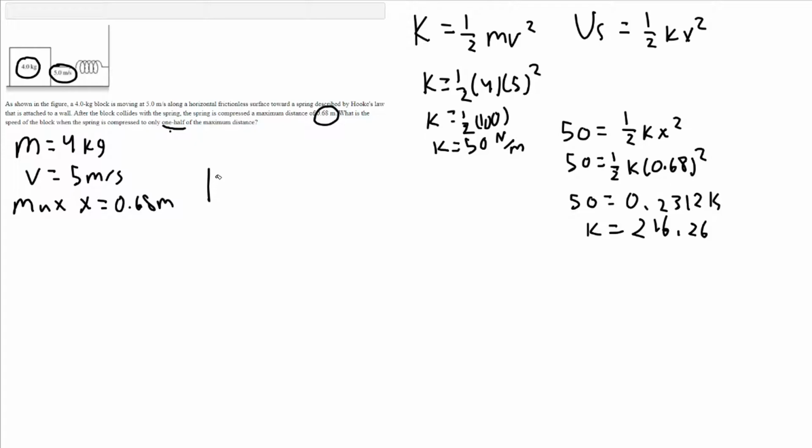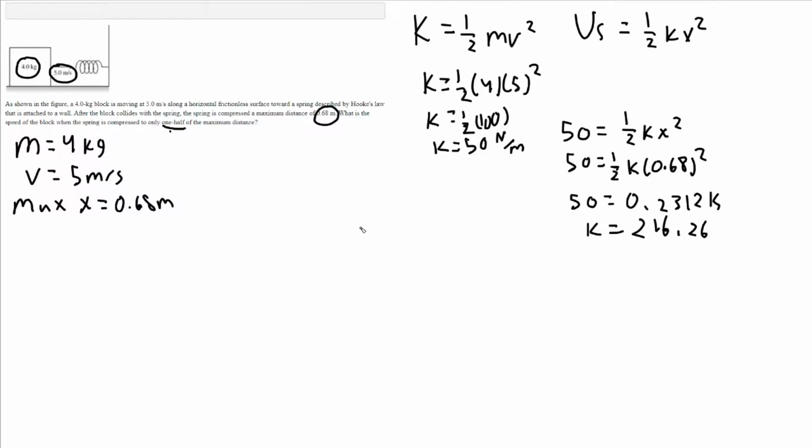K1 plus US1 is going to equal K2 plus US2, because the energy's never leaving, it's always going to be there. So it may become bigger, but it's still using the same numbers. It's going to equal the same thing. That's what I'm trying to say.